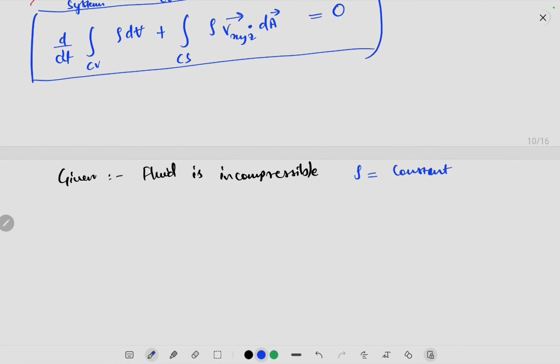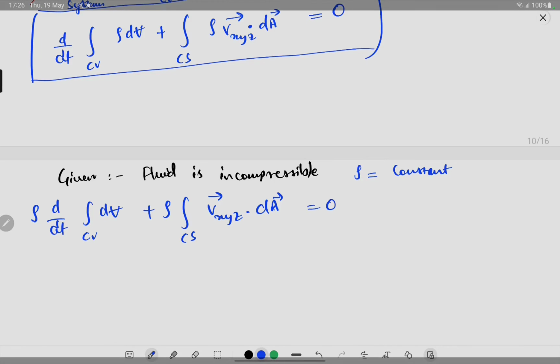So then what would this equation become? This would become d by dt, and this would be independent of time as well, so I can take it outside of this derivative also, and this will become rho d by dt of integral over CV dV plus rho integral over CS, V_xyz dot dA equal to 0.